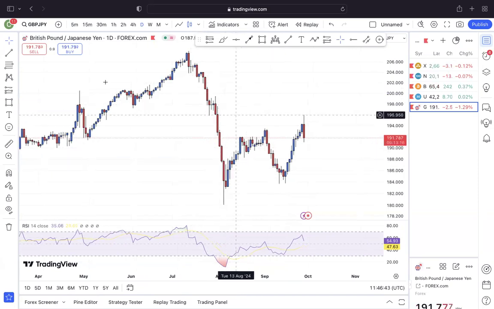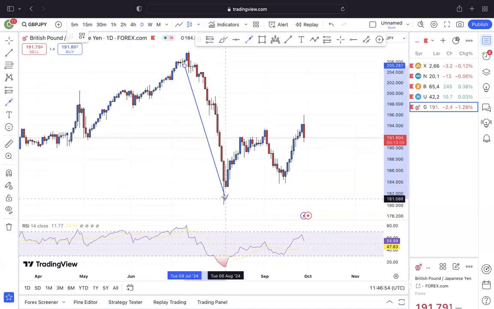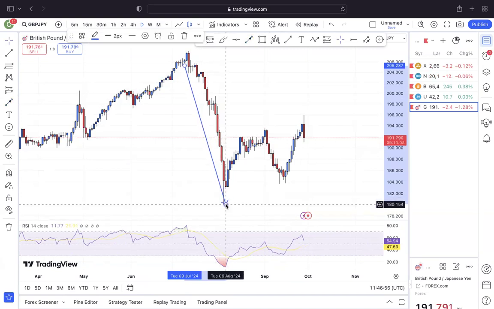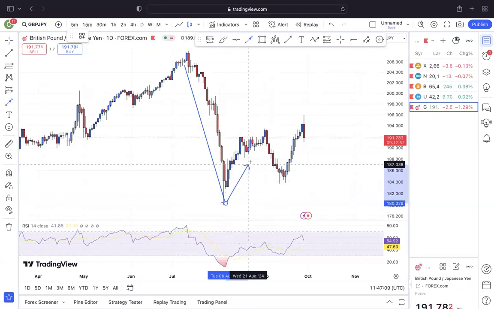So we have a visual here. Here we're looking at GBP/JPY, and we're looking at it on the daily time frame. So here you can see that there's an obvious downtrend, and then it reached one bottom. And then from this bottom, this key area of support, it went up.